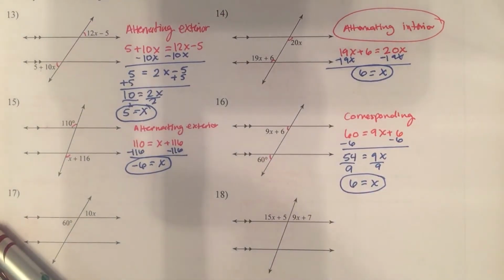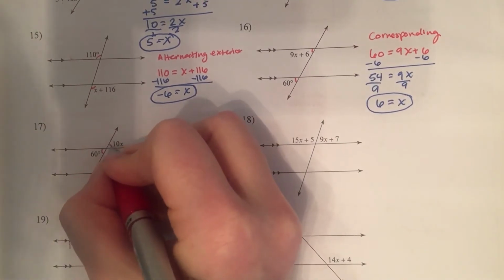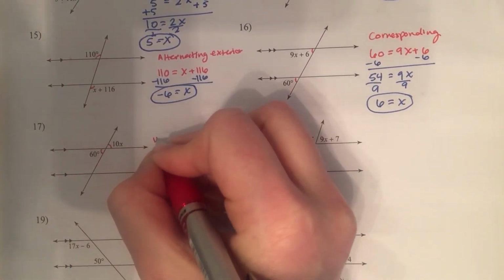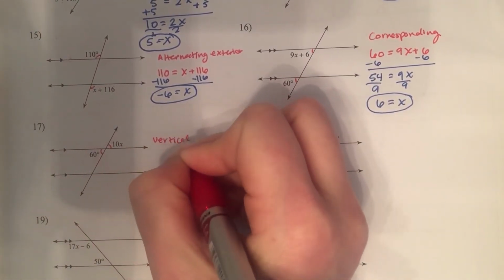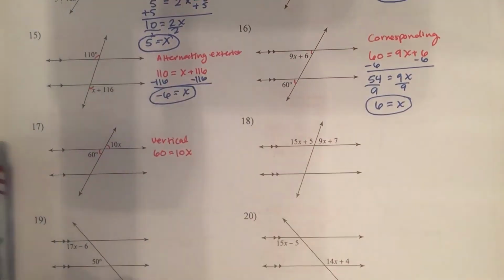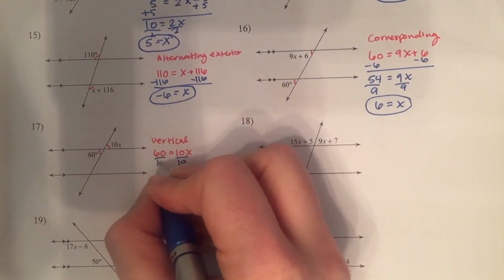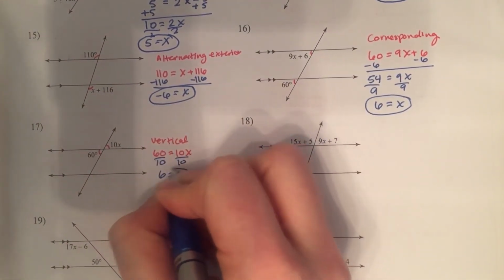X is equal to 6. 17. They're straight across from each other. Those would be identified as vertical. That means that 60 is equal to 10x because they're the same size. Divide by 10, 6 is equal to x.